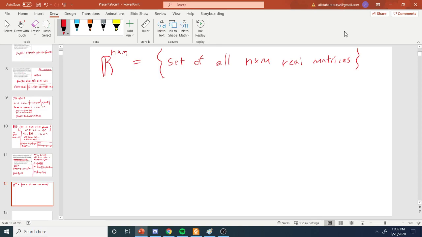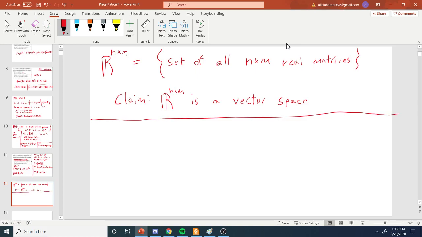So, claim: R^(N by M) is a vector space. I'm not going to verify any of the axioms for this because they're all really easy, but I will just say explicitly what the operations are.